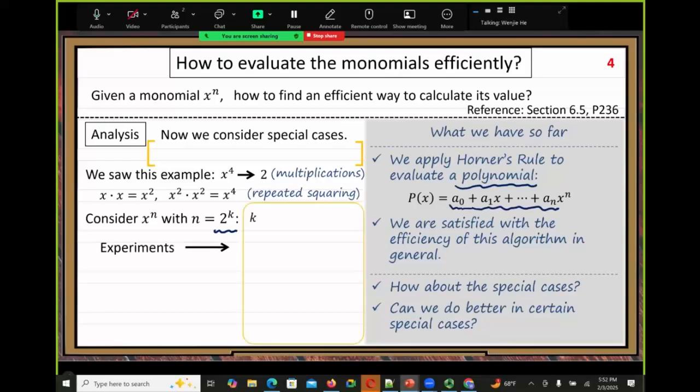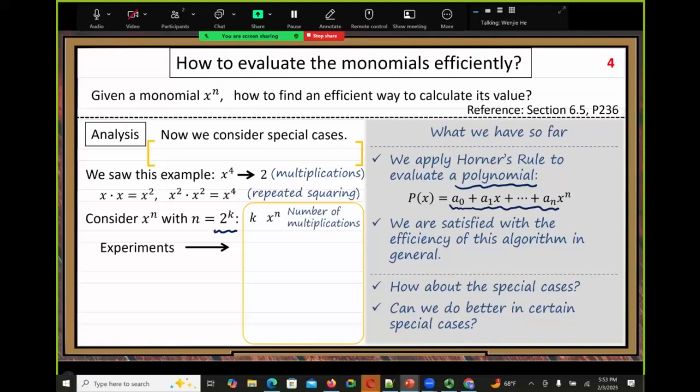So we do a chart here. A k column, because n equals 2 to the k, and k could be 1, 2, 3, 4, and so on. Then x to the n, and the number of multiplications we need to calculate x to the n.